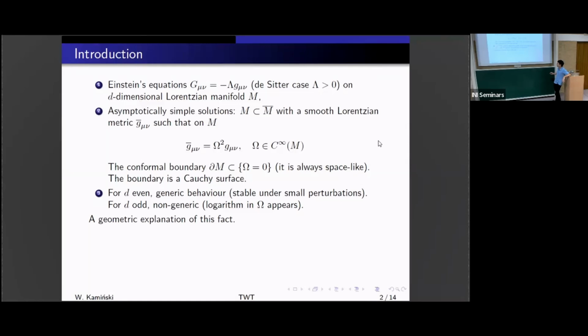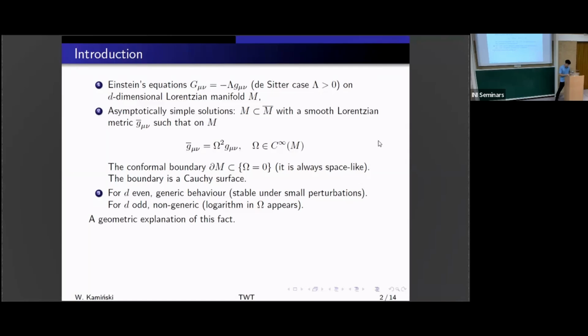But for odd dimensions, one can check that if one expands the metric along the boundary, it turns out that one needs to also incorporate some logarithms. So in odd dimensions, it's not generic. I would like to explain this fact in a geometric way.